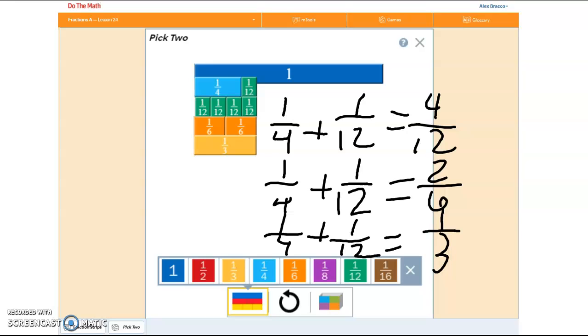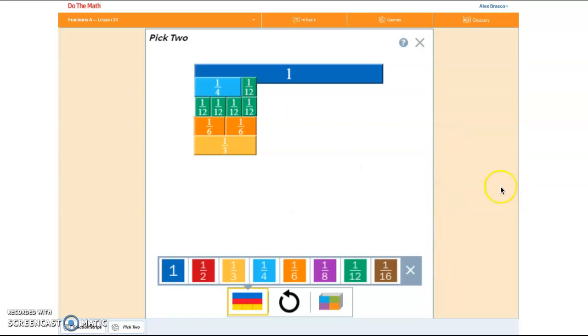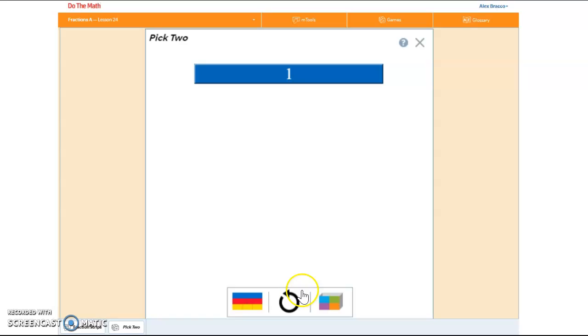So that is your job today, to take the directions on page 45 and then turn to page 46 to complete this page. There are 6 problems, and you will use these fraction pieces, and you will just pick 2 fraction pieces to put under the whole. They can be whatever fraction pieces you want. There's no rolling any dice.